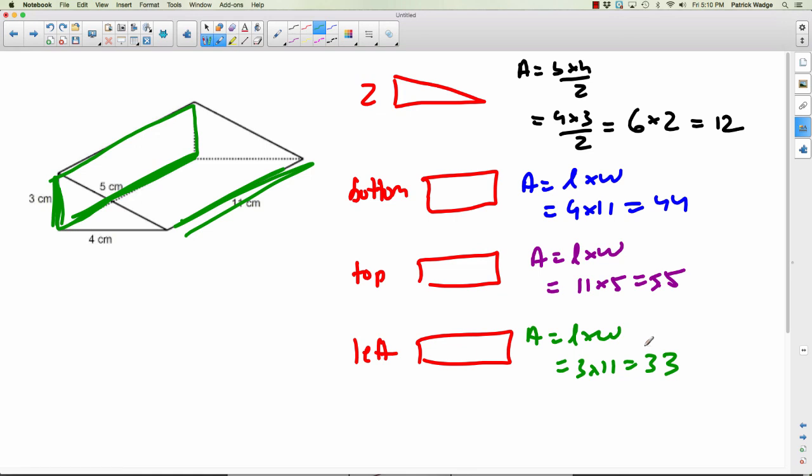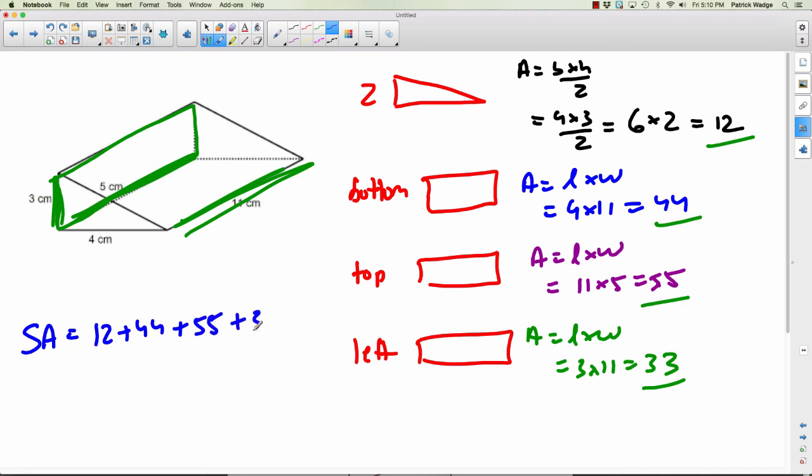Don't multiply by 2, there's only one of them. Okay, we add this, we add this, we add this, we add this, and we'll have our total surface area. So 12 plus 44 plus 55 plus 33 equals 144 centimeters squared. Okay, tough topic. I hope it's making sense.